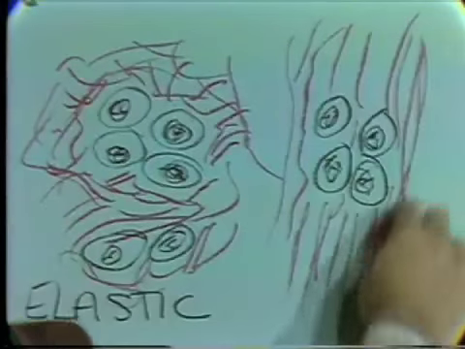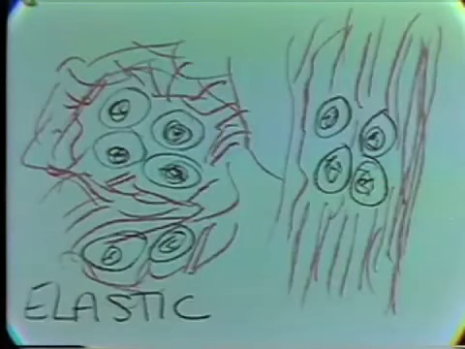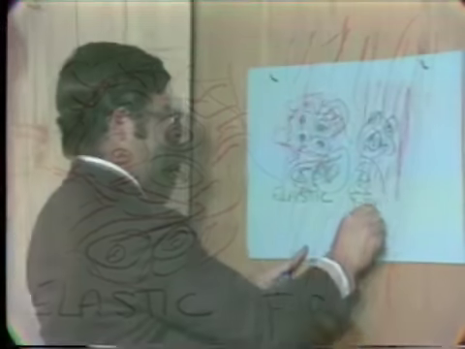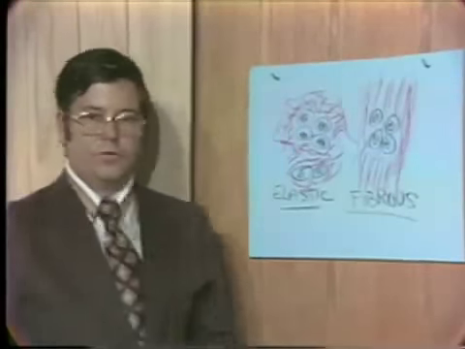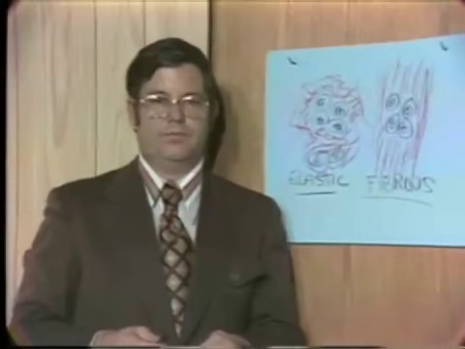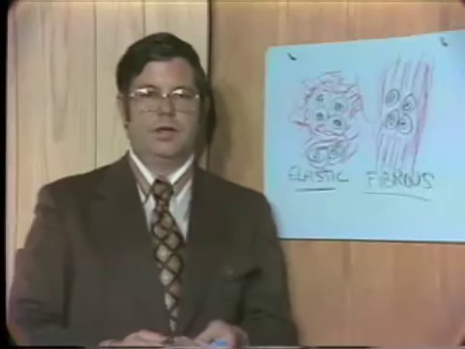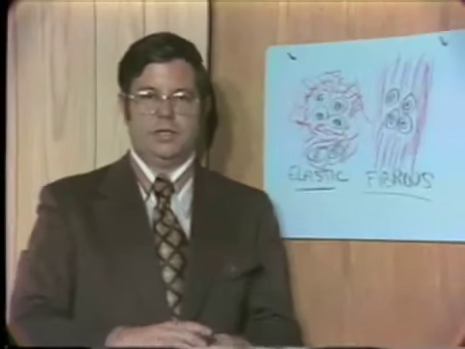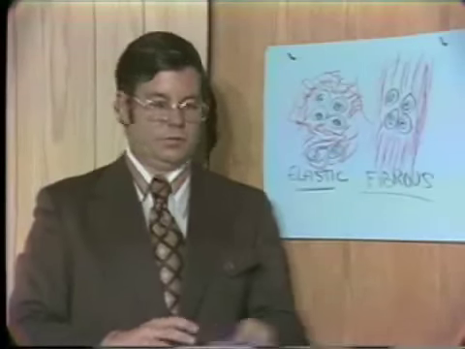You have good, strong collagen fibers in fibrous cartilage. So hyaline cartilage is found at the end of the long bones, elastic cartilage in the ear, and fibrous cartilage, the typical place that we'll look for it, is between the vertebral bones themselves.